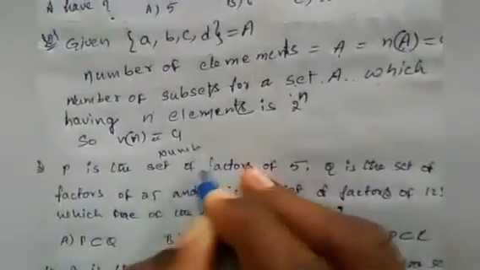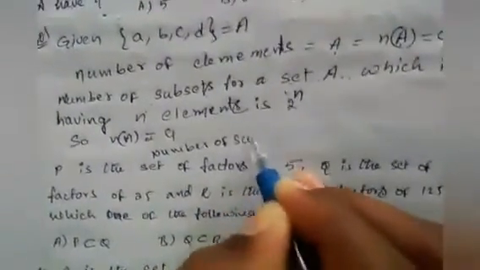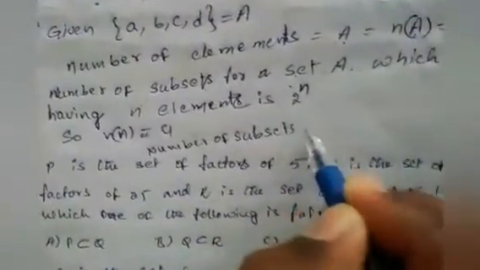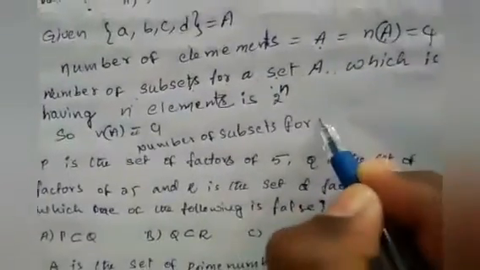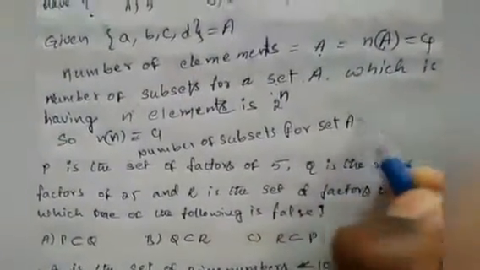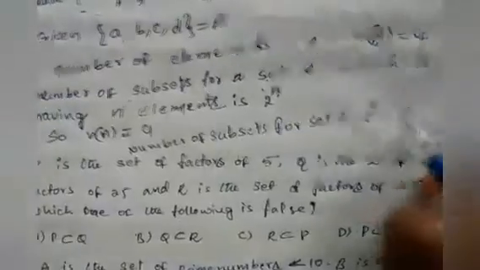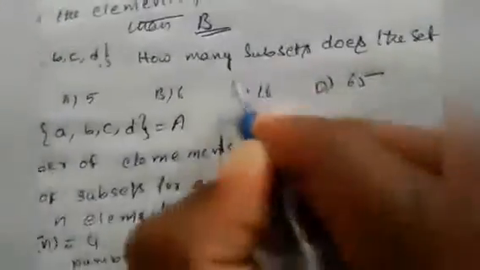So n of A is equal to 4. Number of subsets for set A is equal to 2 power 4, that is equal to 16. So 16 is the answer.